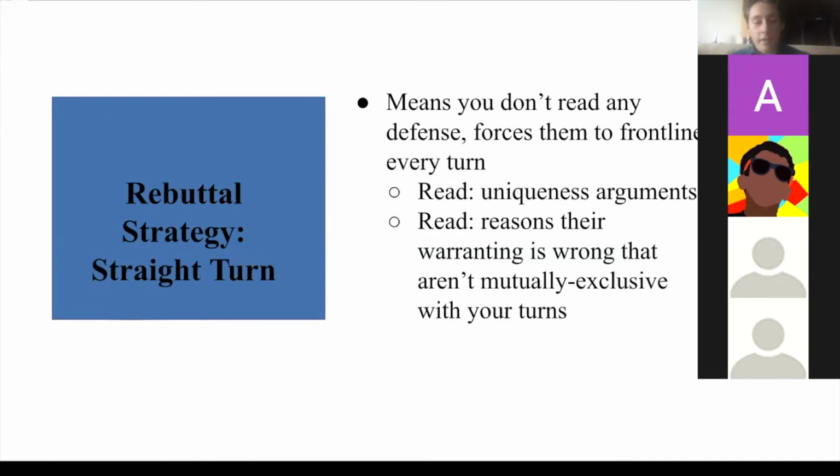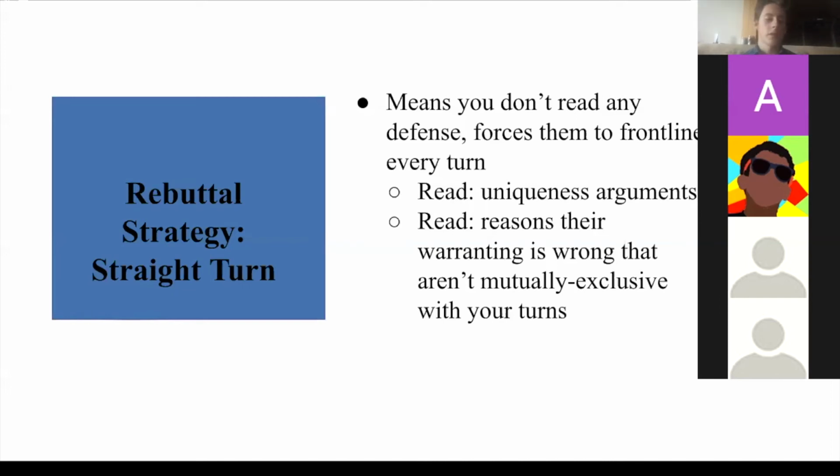Because if you mess it up, the beauty of the straight turn is that in the back half, you can steal their contention. You can steal their argument if they don't answer the turns, and they think that they can concede a piece of defense and kick out of it. For example, in my TOC semifinals round, we actually won the round off of a straight turn on their first contention that they thought they could concede a piece of defense to kick out of, but they couldn't.